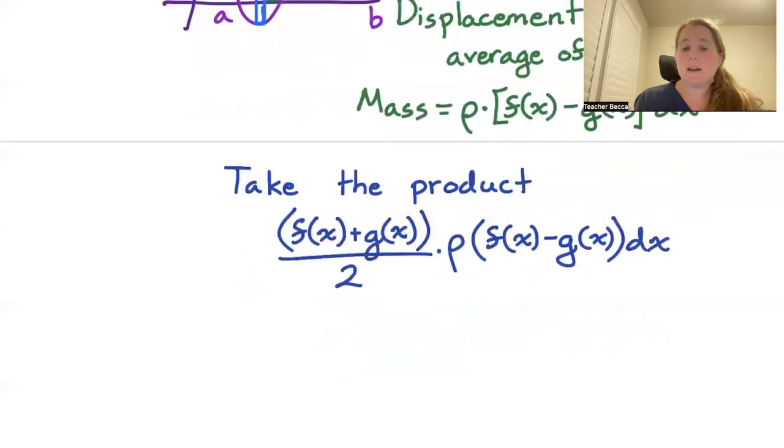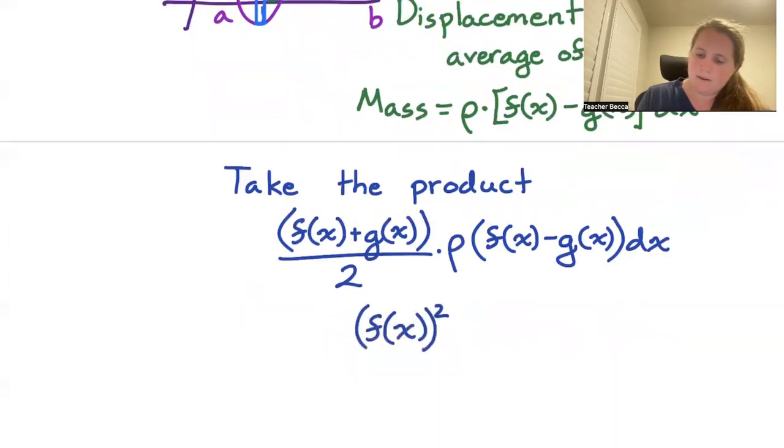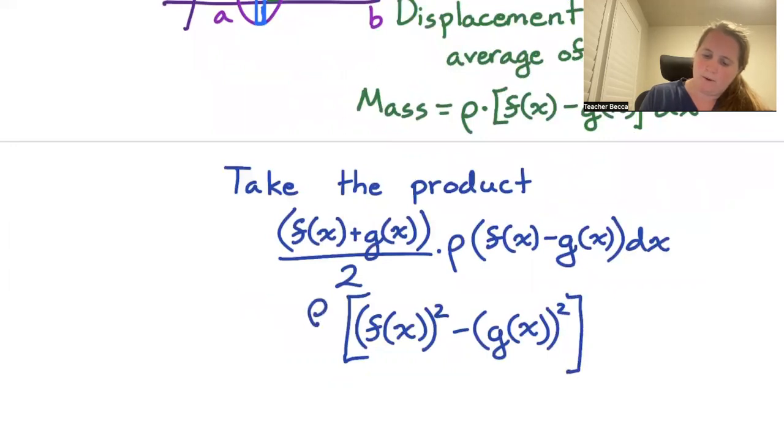The f of x plus g of x and f of x minus g of x just multiply nicely together to make f of x squared minus g of x squared. This whole thing is being multiplied by rho over 2 and multiplied by dx.